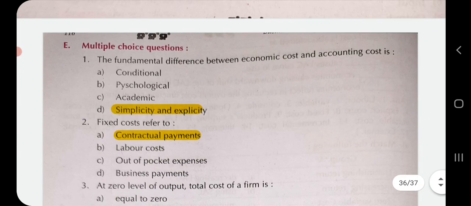Okay, next question, the fundamental difference between economic cost and accounting cost is, and the correct answer is implicit and explicit. मतलब the correct answer is D, implicit and explicit.